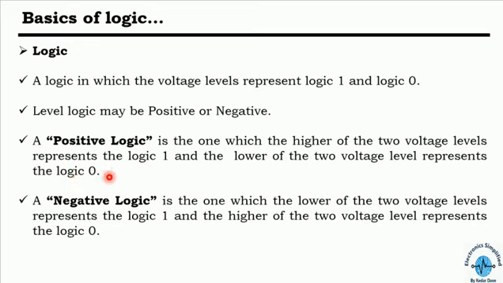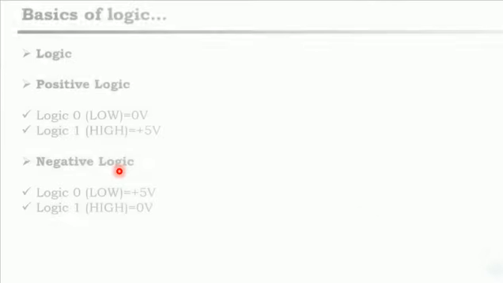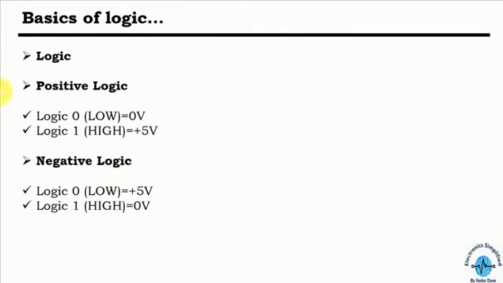If you take 0 as high and 1 as low, then the logic will be negative, and if you take 1 as plus 5 volts and 0 as 0 volts, then it is positive logic. Here we can see this, and this is the basic idea about positive logic or negative logic. So these are the basics of logic.